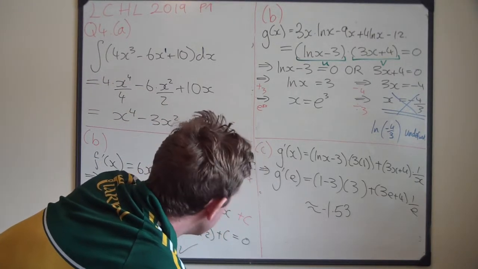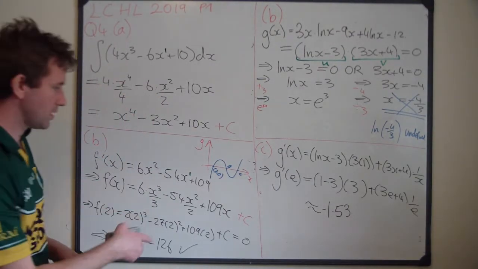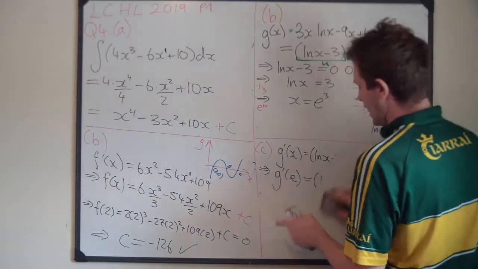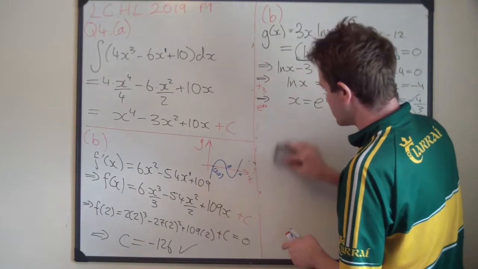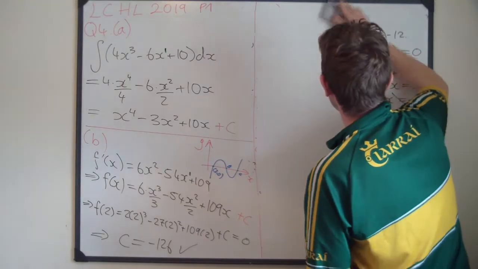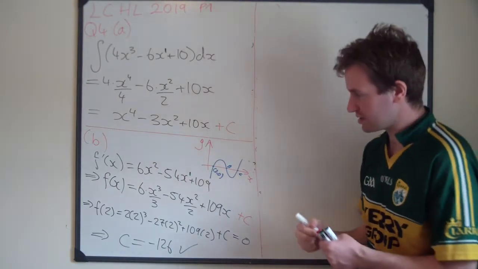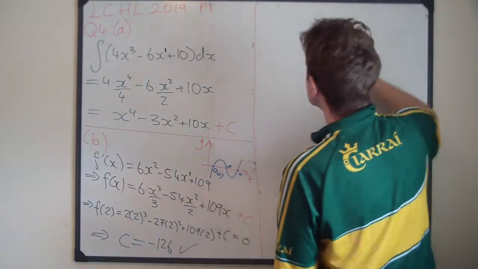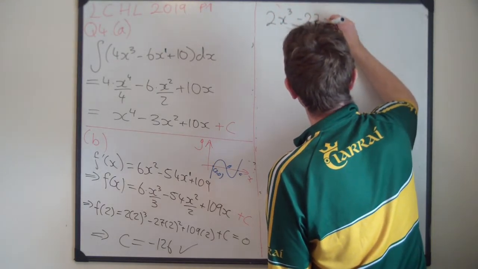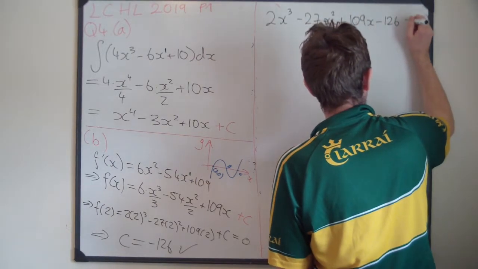Find the coordinates of the points B and C. So we have the function. It's all this stuff with the c equal to minus 126. And it's asking us to find the coordinates of B and C. Now this is an algebra problem, and a deep algebra problem, because what it's about is we're essentially solving f of x, which is 2x cubed minus 27x squared plus 109x minus 126 equal to 0.